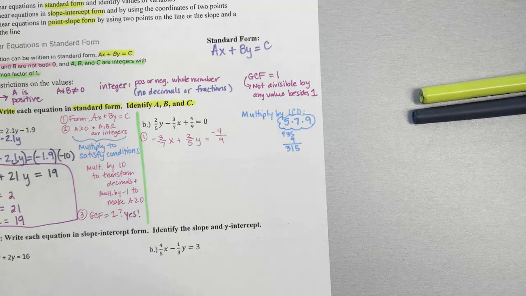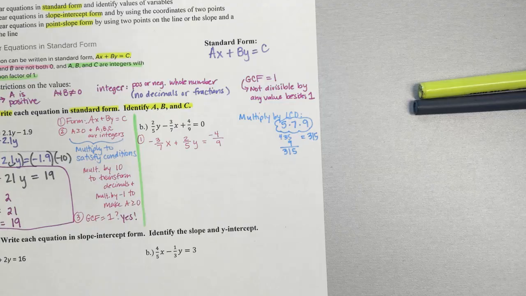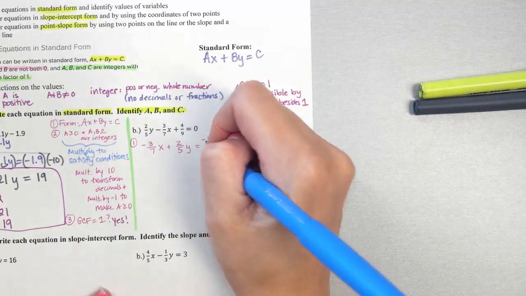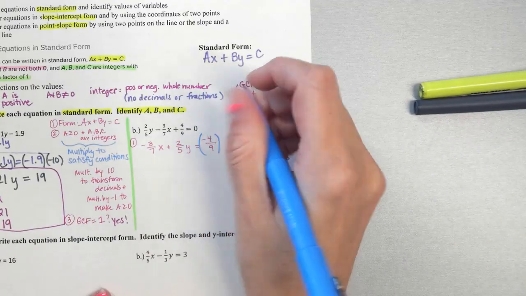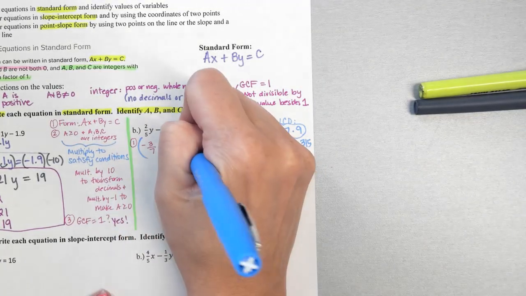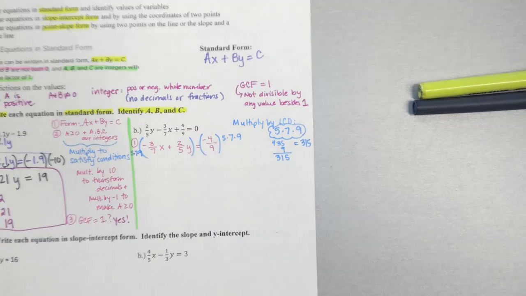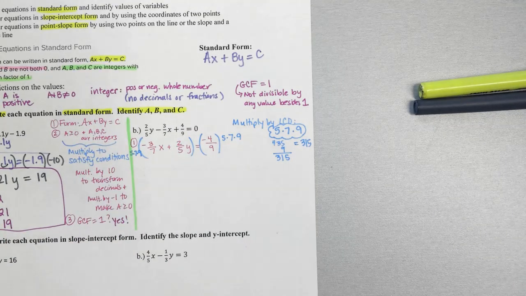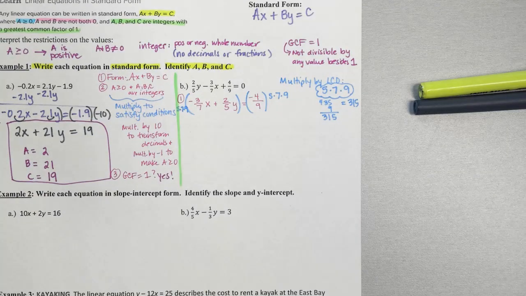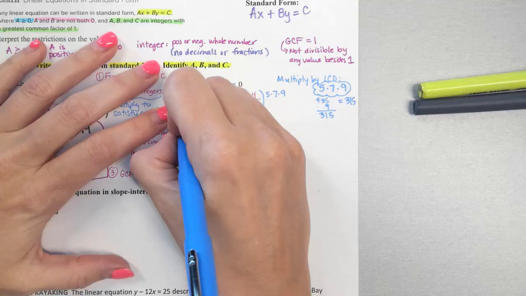So when you're multiplying, I'm fine if you multiply by 5 times 7 times 9. When you multiply each side by that value, 5 times 7 times 9, on this side, we're going to have to distribute. I want you to just trust me for a minute because I know it can be a little bit scary. All we're going to do is multiply by this first, and then we'll get rid of the negatives in a second.